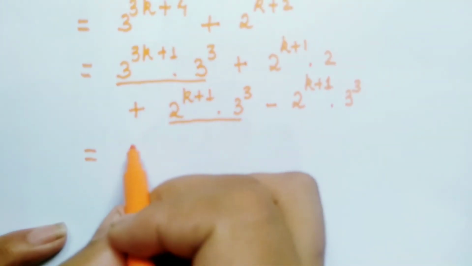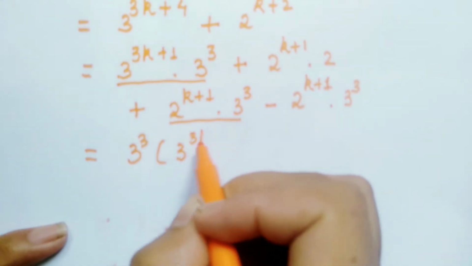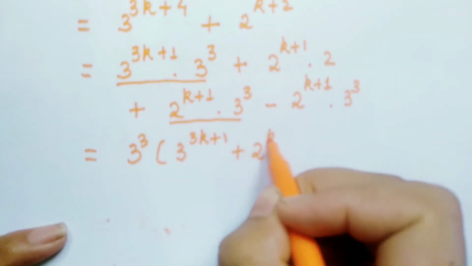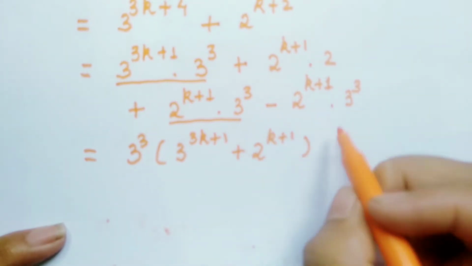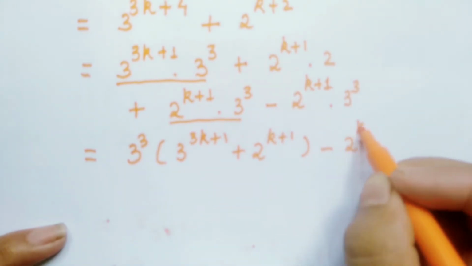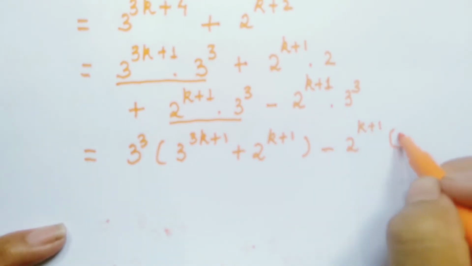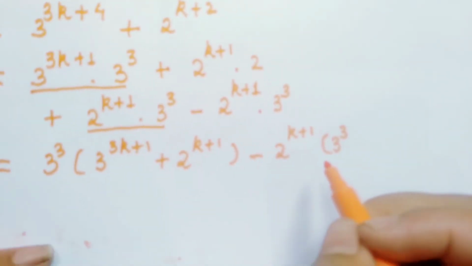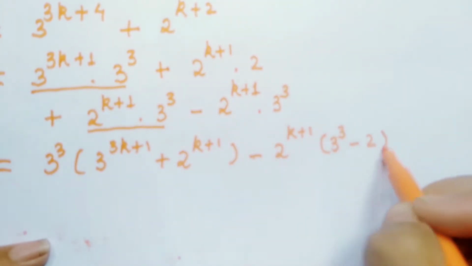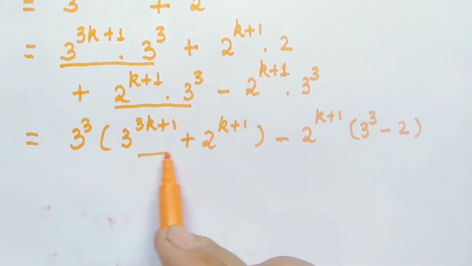Okay, so what do we do? Here we have common 3 cube, and then I have 3^(3k+1) + 2^(k+1). And here common is 2^(k+1) minus 2^(k+1) into 3 cube. Then here we have minus 2. Now what is this?